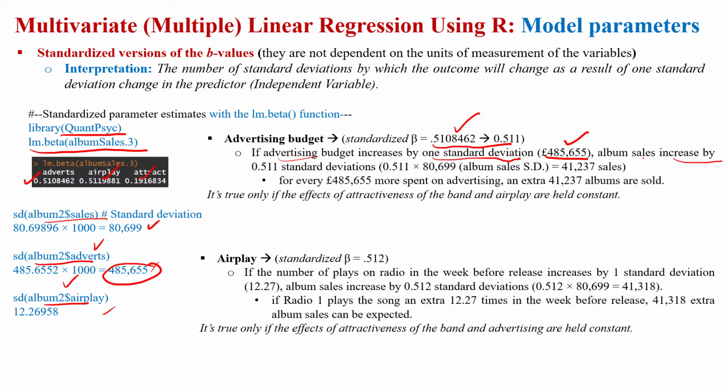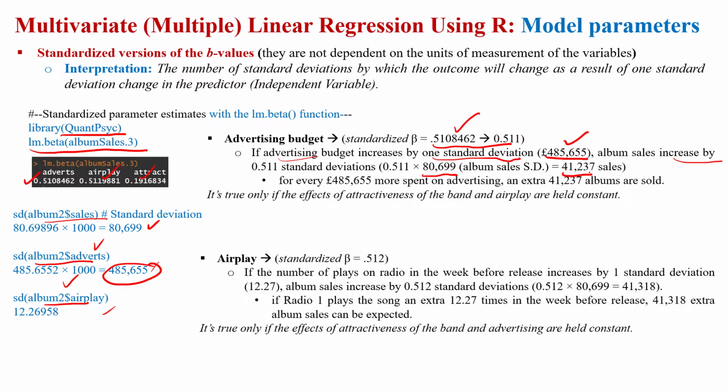Right now the value of the beta is basically 0.511, so that means 0.511 standard deviation of the album sales. And what is the album sales standard deviation? That is this one. So 0.511 multiplied by the standard deviation.